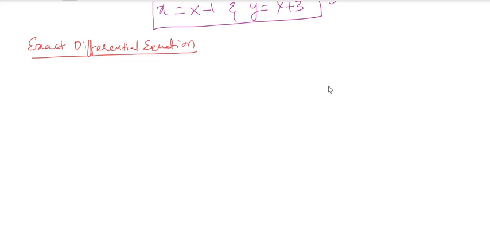Exact differential equation. So let me take a differential equation M dx plus N dy is equal to 0.